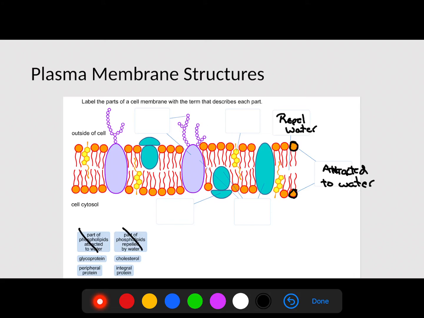So let's start with the peripheral proteins, ones that are located on the outside. That would be these guys right here. Those are located on the outside of the cell. And then we have integral proteins, which go all the way through.